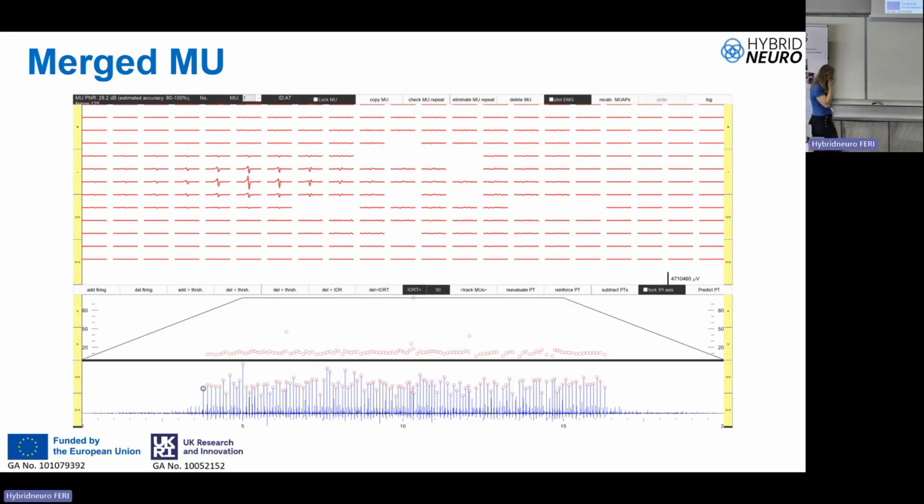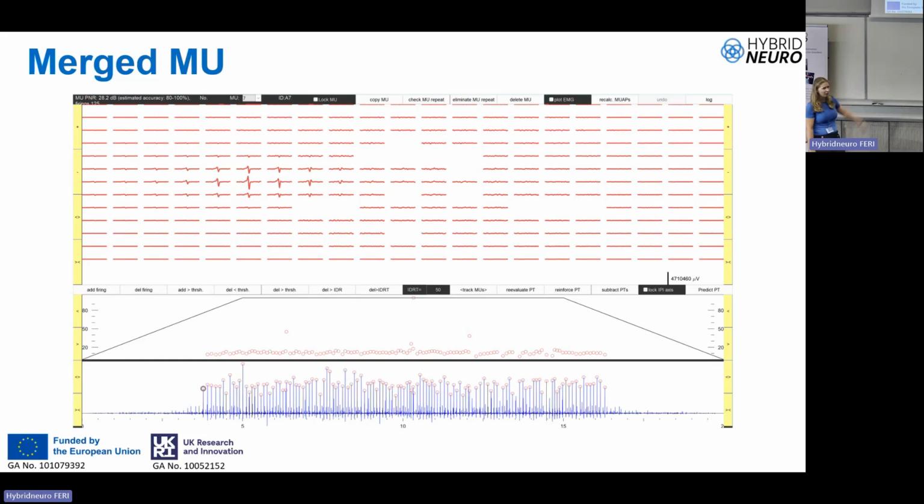Merged motor units are sometimes very similar in shape, and for that reason, the decomposition algorithm identifies them as one merged motor unit, as we can see here. This is one motor unit that already has accurately identified firings, and here, lower, we have another motor unit.